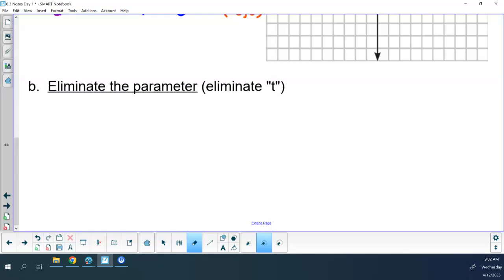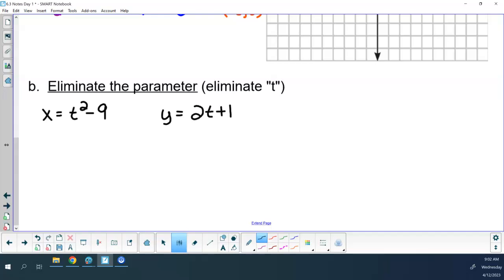So how we do that is, well, we start again with our parametric equations. We had x equals t squared minus 9, and we had y equals 2t plus 1. First thing that I'm going to do is I'm going to solve x or y for t.